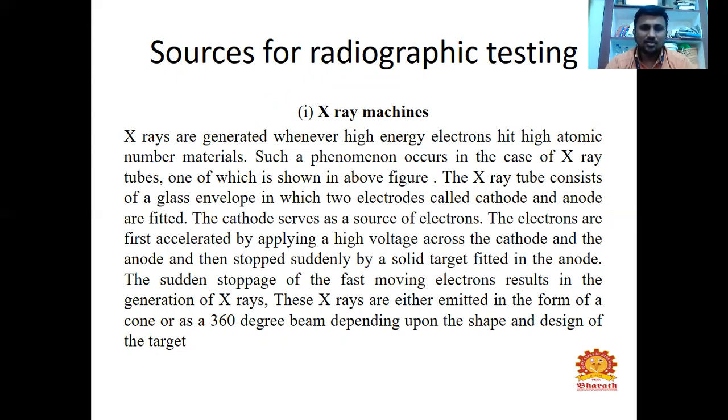The sudden stoppage of the fast moving electrons results in the generation of X-rays. The X-rays are either emitted in the form of a cone or as a 360-degree beam, depending upon the design shape of the target.